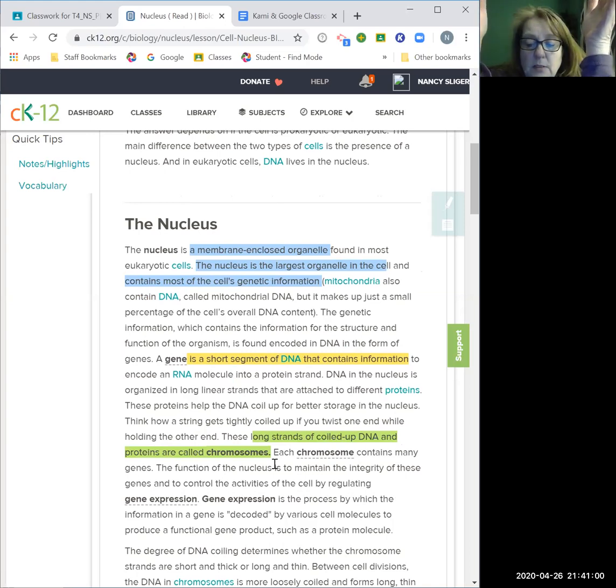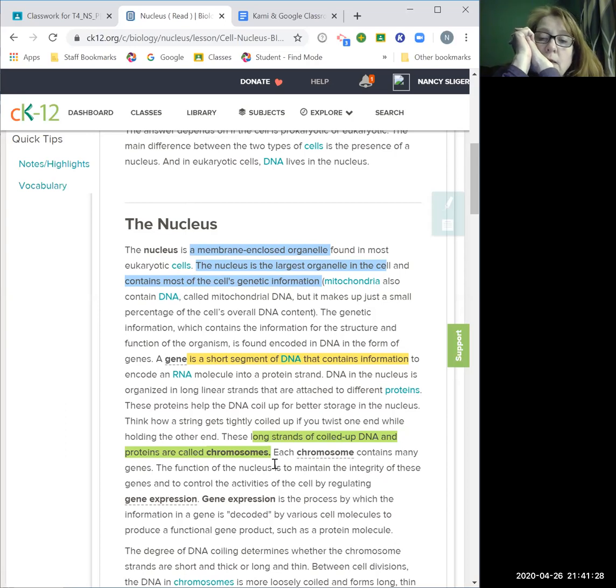DNA can be broken into smaller segments called genes, but these are very long, thin chemical compounds. And to make them easier to store, they have the ability to coil up. And when they're coiled up around certain proteins that hold them in place, that DNA can be called chromosomes.